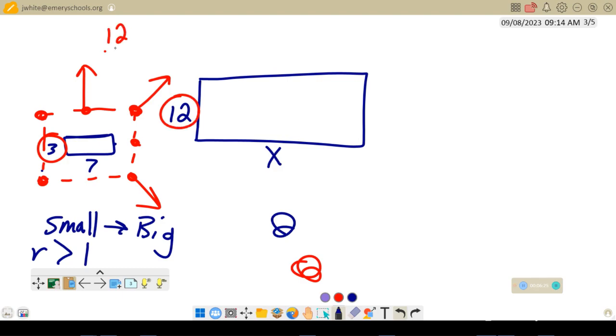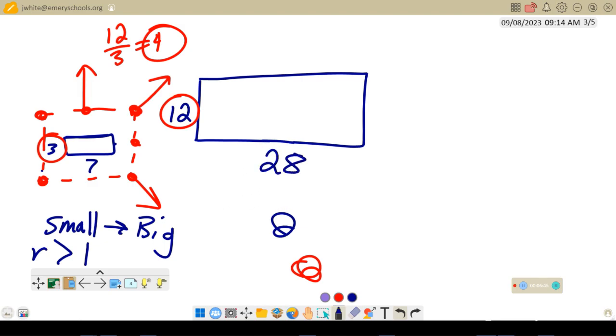So 12 divided by 3 is 4. That is the ratio of dilation. So everything in this shape is going to be 4 times bigger, right? Well, let's look at it. So 7 times 4 is 28.